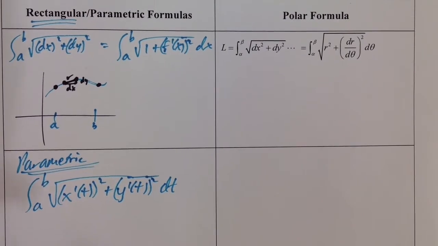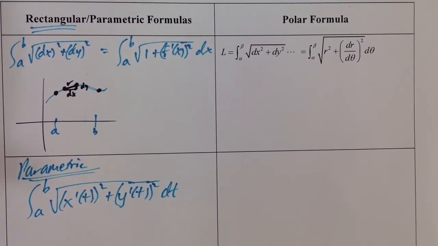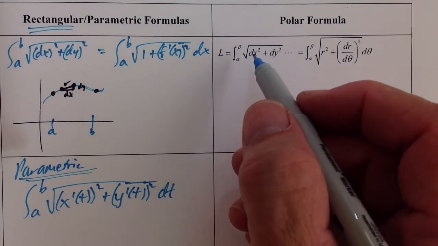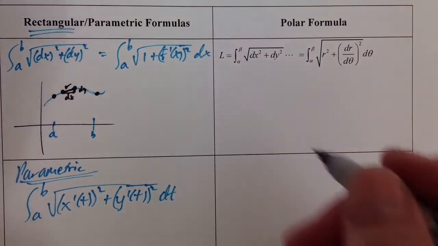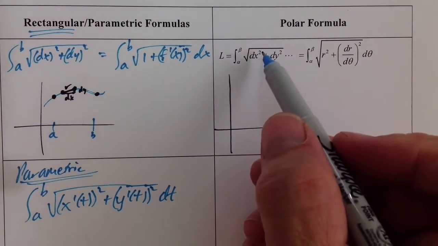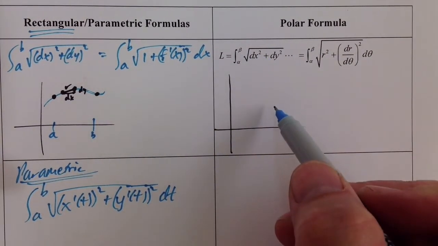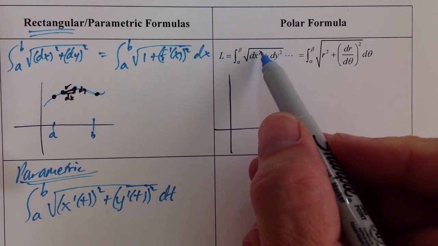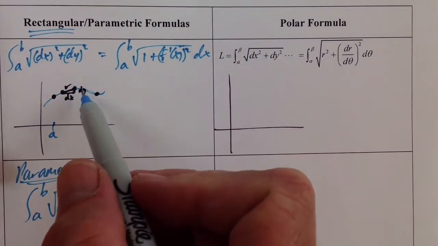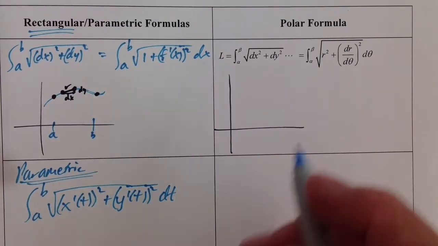Well, as it turns out, the polar arc length formula is pretty detailed, and I'm not going to go through the proof of it, but I just wanted you to realize that it starts out with the same premise, that you take one line segment, you take dx squared plus dy squared. This comes from the Pythagorean theorem, just like this one did, and just like this one did as well.